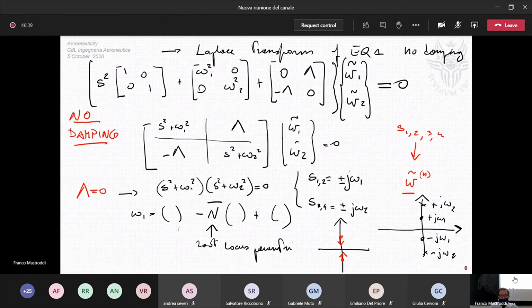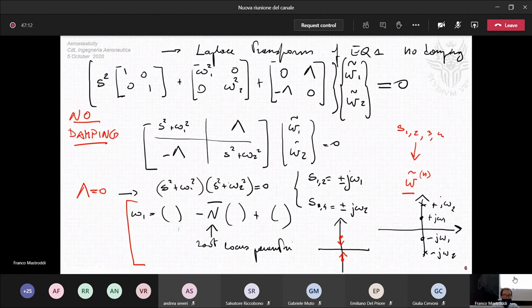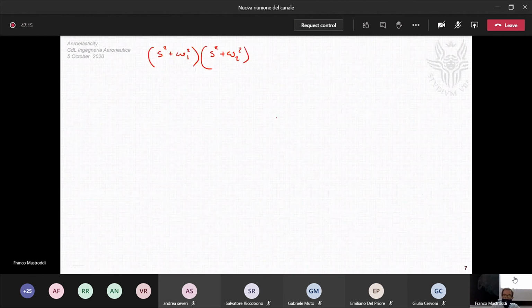So apart this discussion, now write the characteristic equation like s square plus omega 1 square, where omega 1 and omega 2 are given, assigned parameters, the frequencies of the two modal independent oscillators of the structure, times s square plus omega 2 square. And here we have this lambda, so we have plus omega square equal to 0.